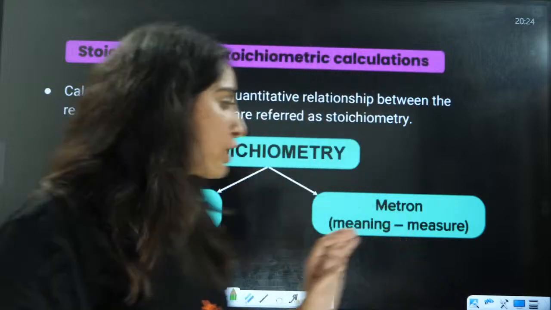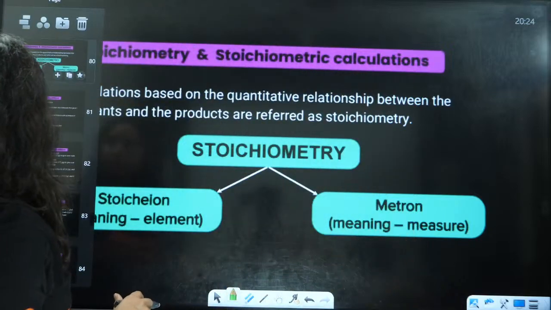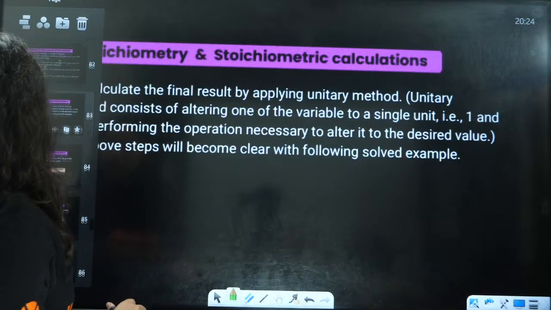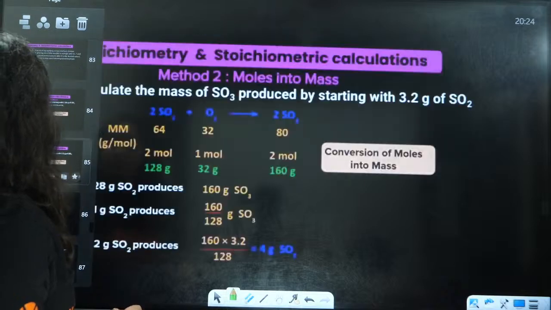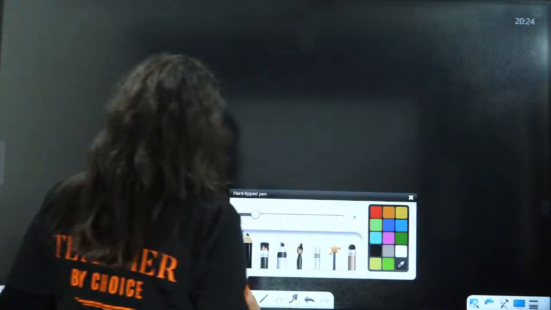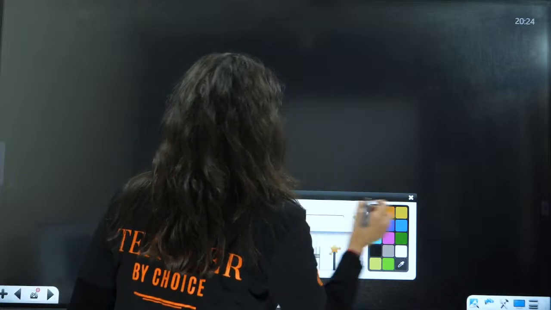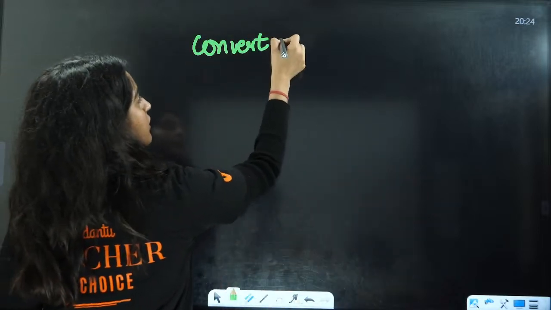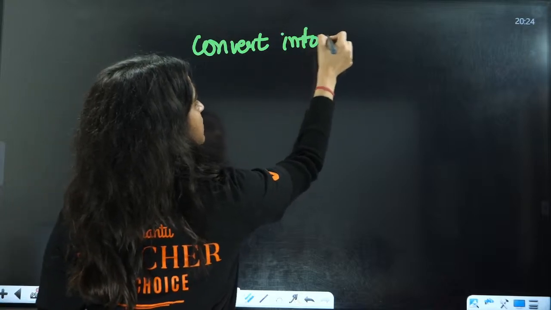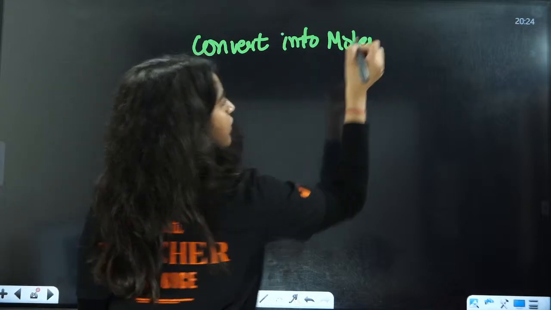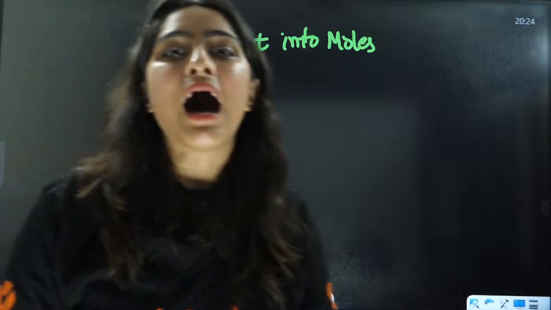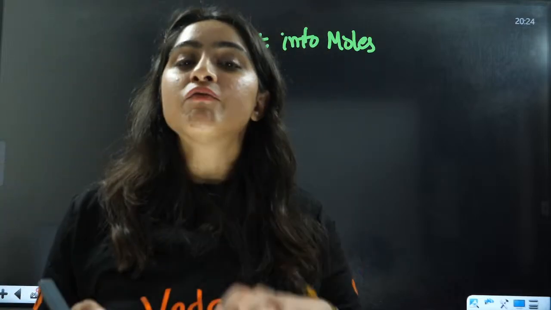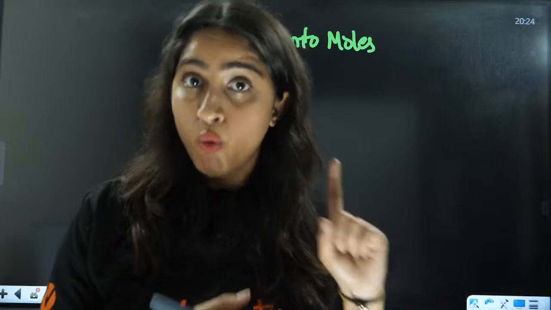So for stoichiometry, let us see how to solve the questions. Stoichiometry questions are very simple, a very simple method. Always convert everything into moles. Whatever mass is given to you, convert that mass into moles.